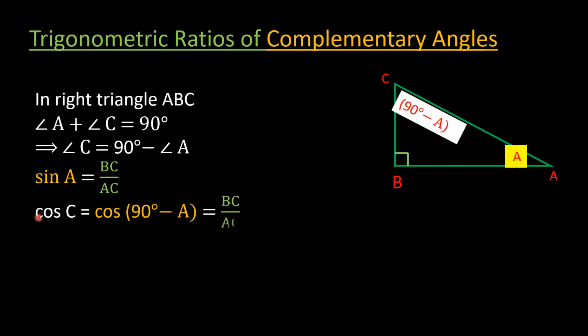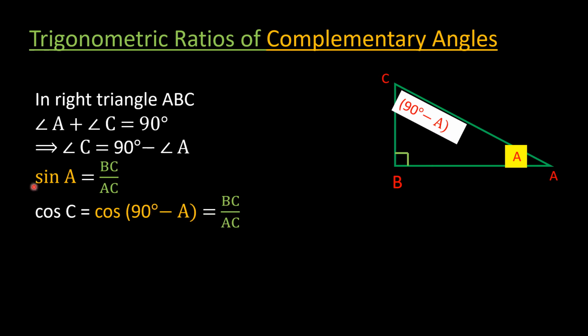Also we write cos C equals cos (90 minus A) because angle C is same as 90 minus A. So cos (90 minus A) equals BC divided by AC.